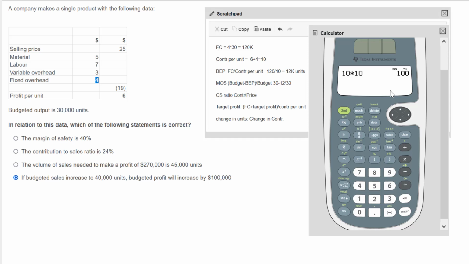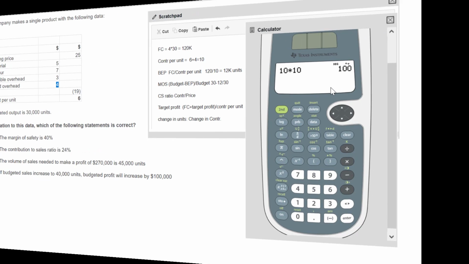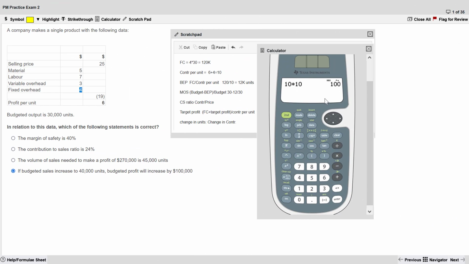Fixed costs won't change, so profit will increase by 100,000. Guys, the answer is 4. Wasn't that a tricky question? That's why we go through all of the questions first and do the easy ones first. I would come back to this one at the end and then just take a guess if I ran out of time.